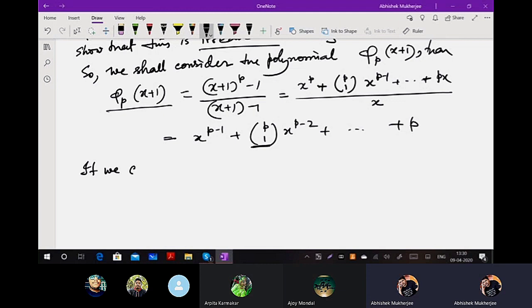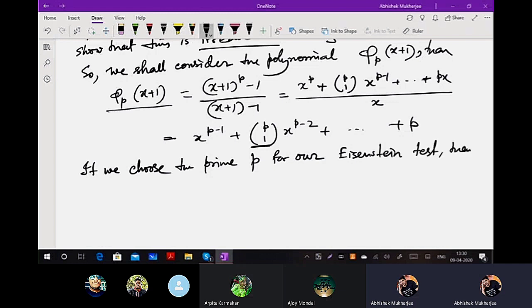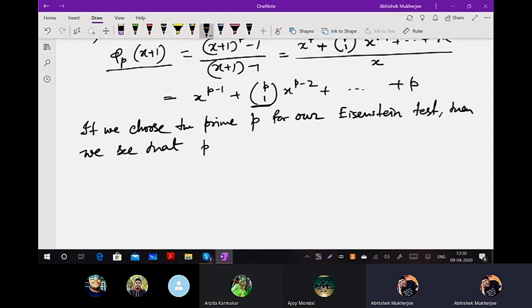If we choose the prime p for our Eisenstein test, then p will not divide the leading coefficient of phi p x plus 1, that is 1, but it will divide p C 1, it will divide the next coefficient p C 2 and so on.